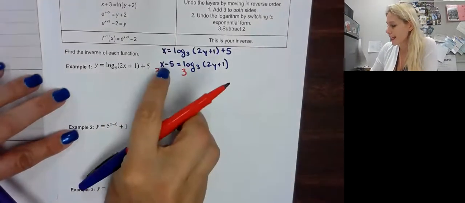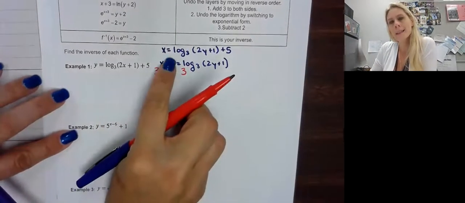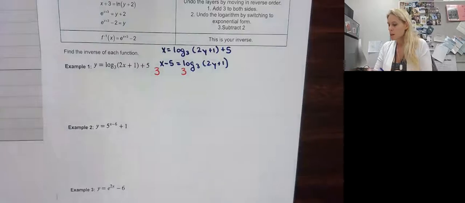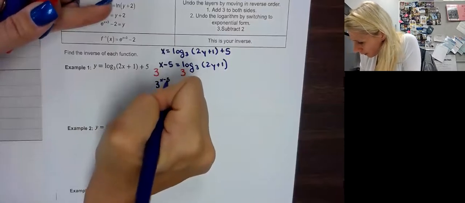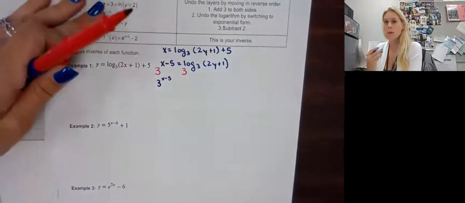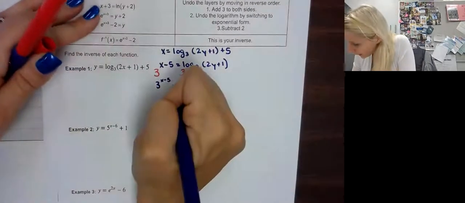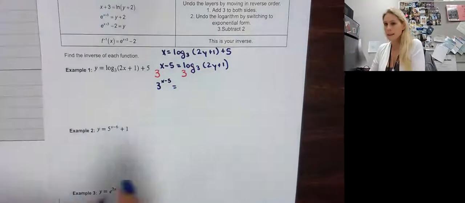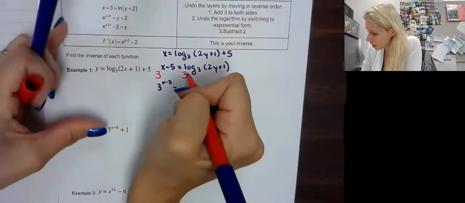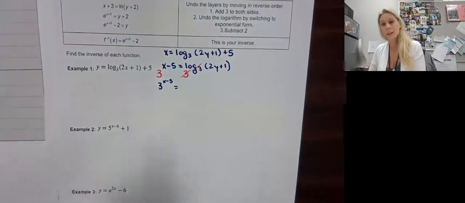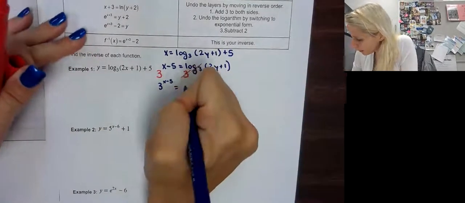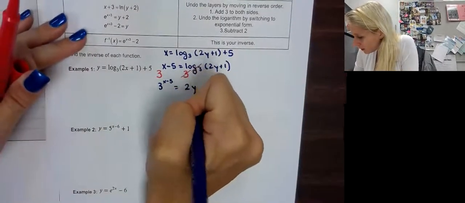And now this x minus 5 becomes an exponent. So when I rewrite this, I get 3 to the x minus 5. I want to make sure that looks like an exponent, okay, equals. And what happens here is that this log base 3 and this base 3 cancel because they're inverses of each other, leaving us with 2y plus 1.